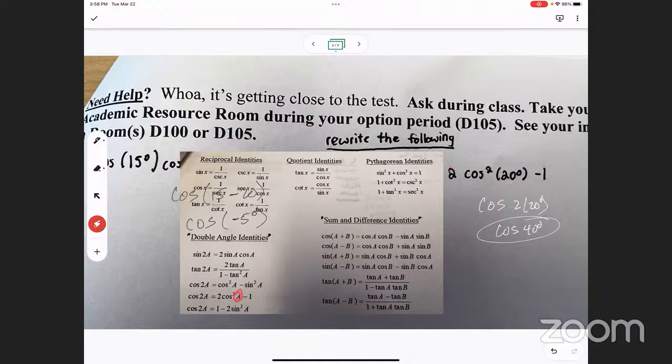The A isn't A here, it's what? It's 20. So what should I put in here for this A? 20. Oh, okay, I see. I'm not doing algebra, I'm not solving an equation. I'm rewriting it. Make sense? Good?